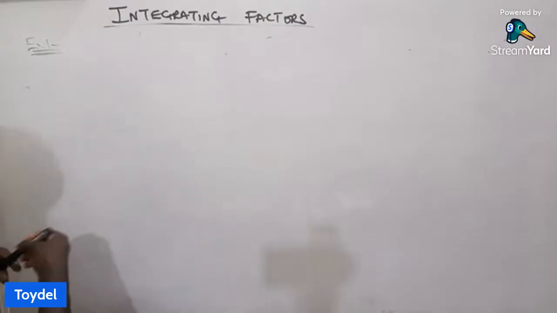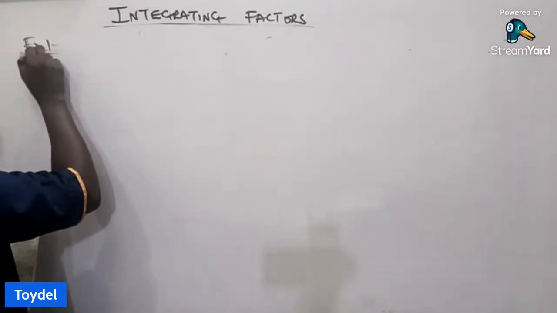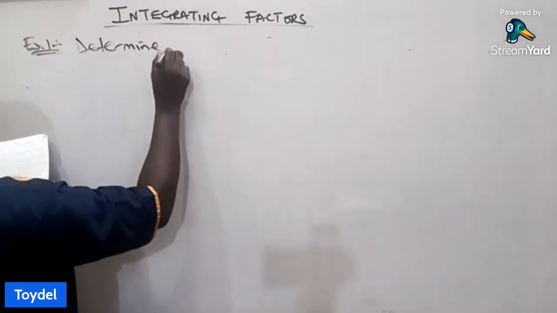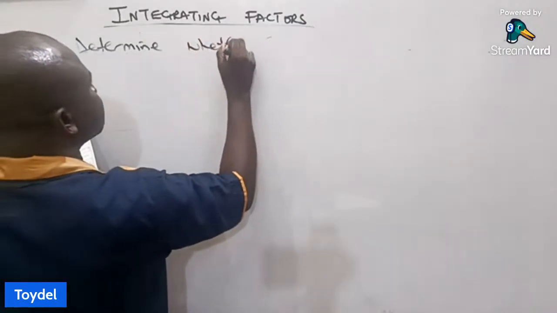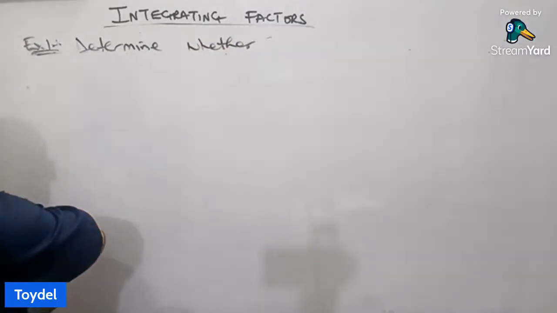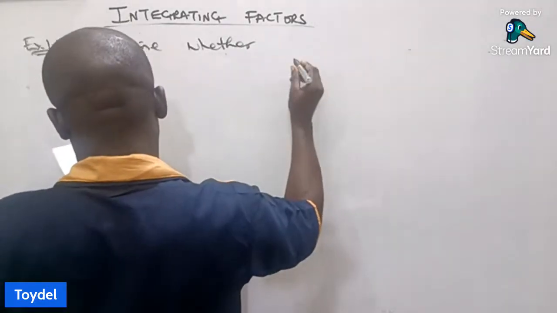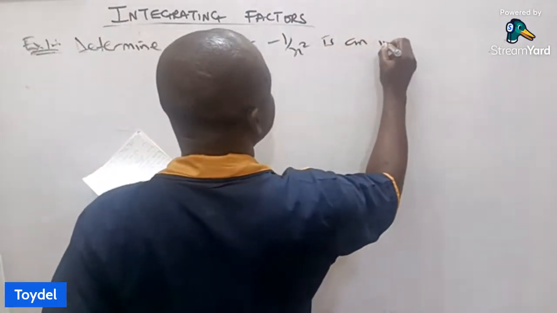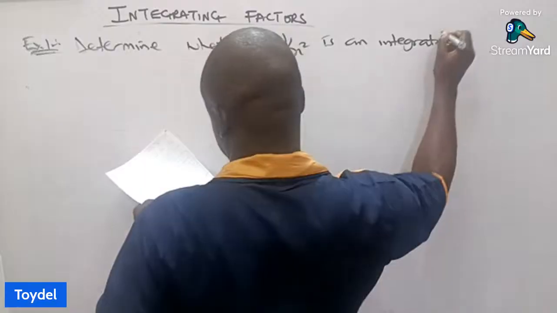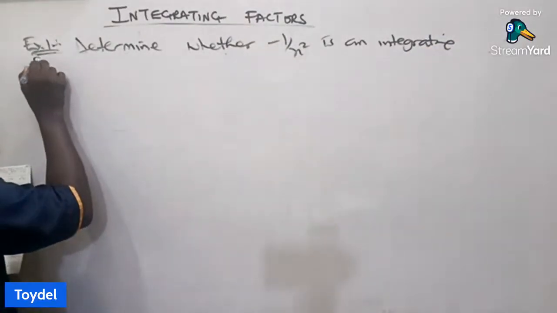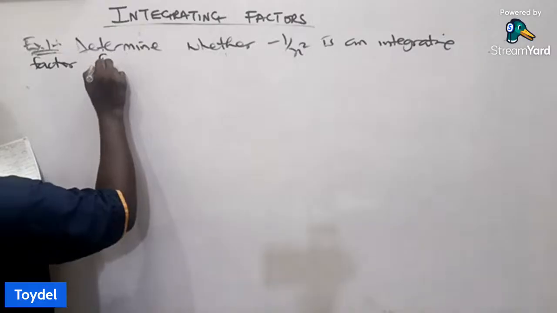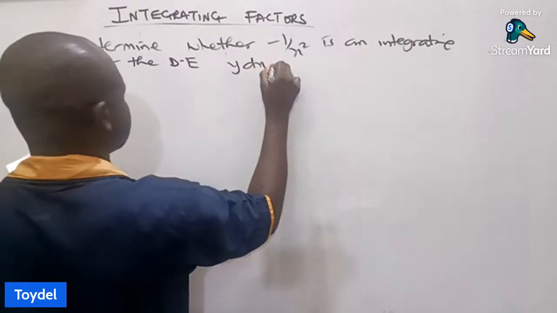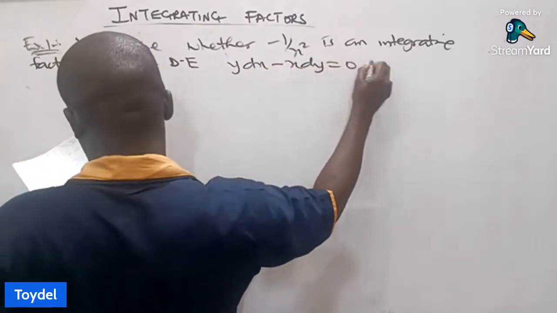Let's start with the first example. We are to determine whether minus 1 over x squared is an integrating factor for the differential equation y dx minus x dy equals 0.